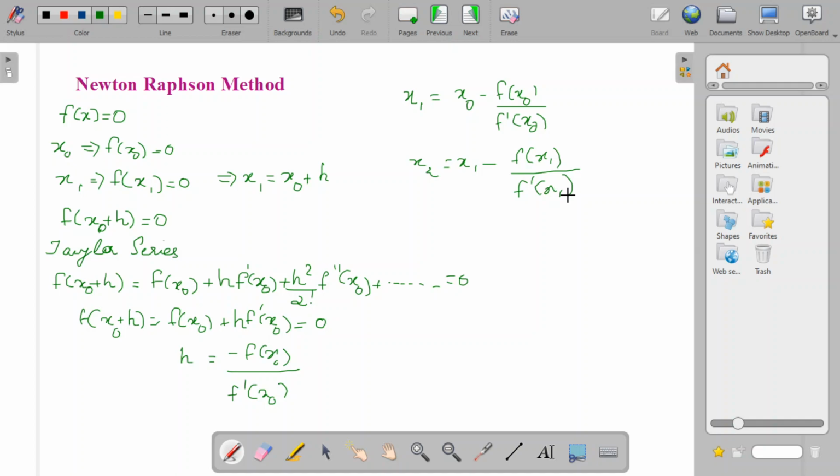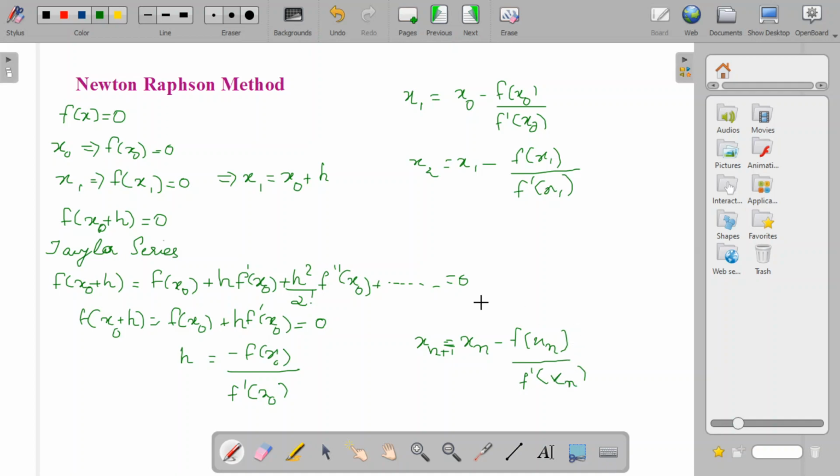Now I am going to generalize the equation: xn plus 1 equals xn minus f of xn divided by f prime xn.